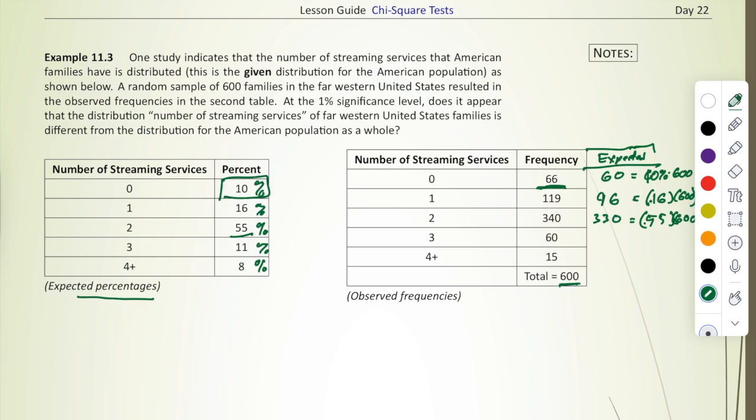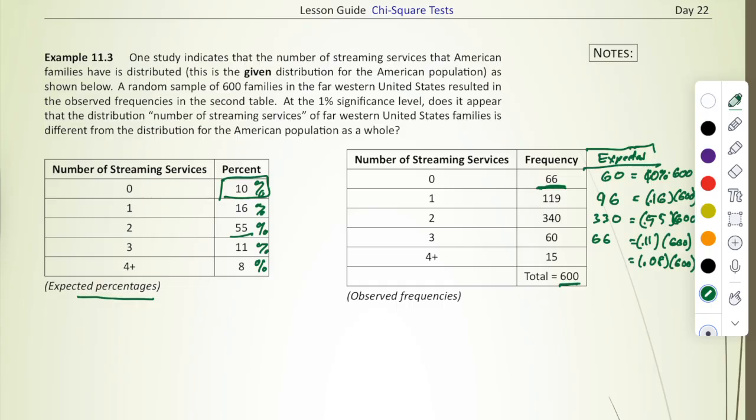And that's what we wanted. And then next one is going to be 0.11 times 600, which is going to be 66. And then next we need 8%, so 0.08 times 600.